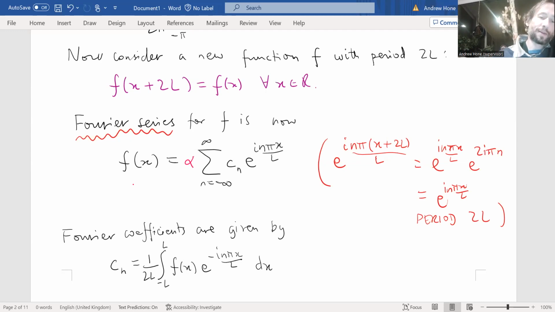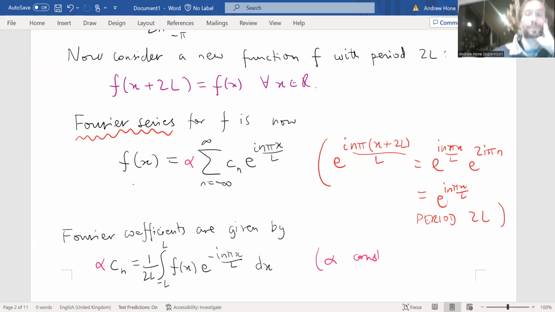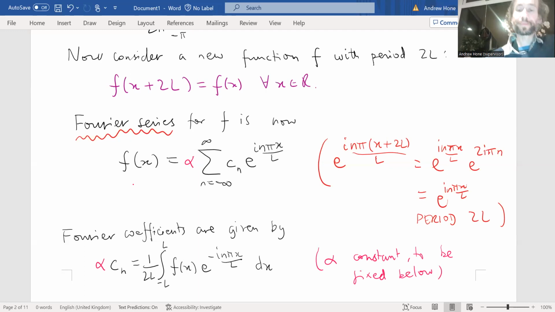So that means that this formula for the Fourier coefficients is still kind of good, but I've just had to replace Cn by alpha Cn. So alpha is some constant. Okay, so this is maybe a good way to avoid making any mistakes.